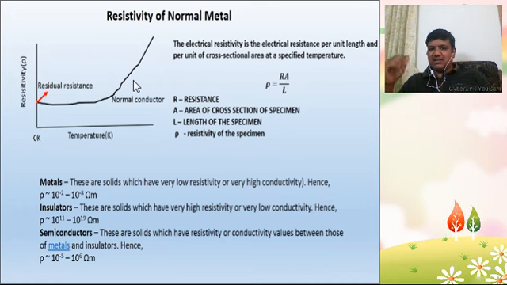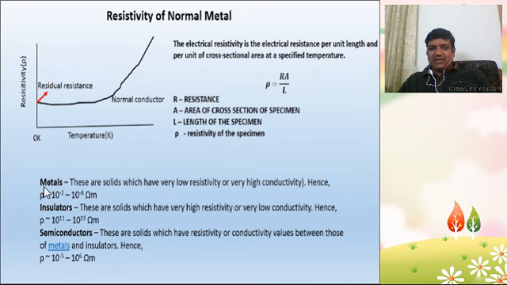So, the resistance decreases, and we can see that at 0 Kelvin, that is at a very low temperature, the resistance of a normal conductor does not come to 0. There is some resistance that is called residual resistance, and this is because there are impurities and imperfections in the material that cause the residual resistance.